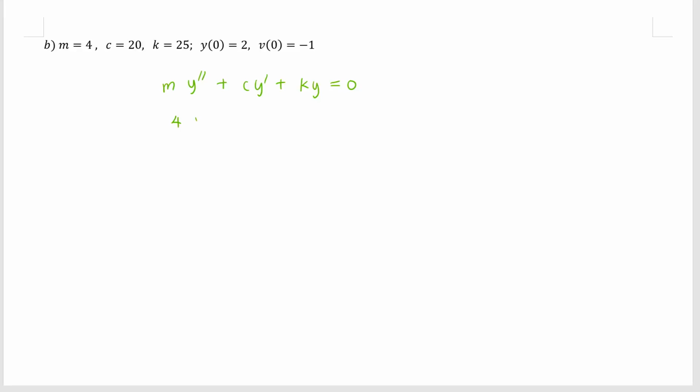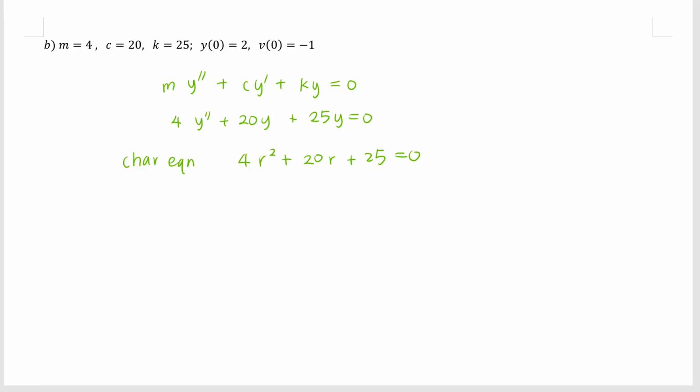M is 4, c is 20, the k is 25. So, what's the characteristic equation? 4r squared plus 20r plus 25.